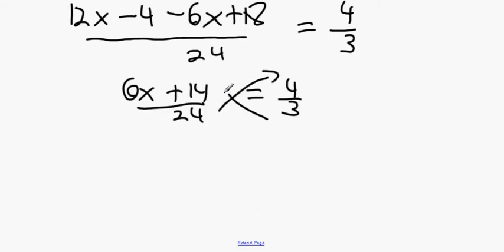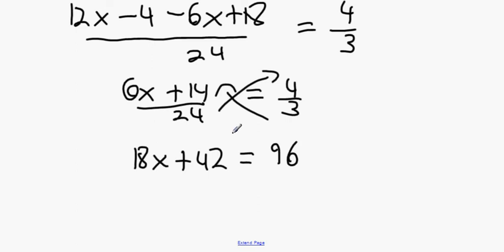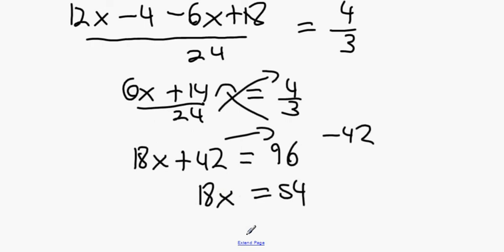Remember we did cross multiplication at the start? This question has a cross multiplication in it. 3 times 6x is 18x. 3 times 14 is 42. All of that equals 4 times 24, which is 96. Bring over the 42, comes minus 42. 18x equals 54. X equals 3.